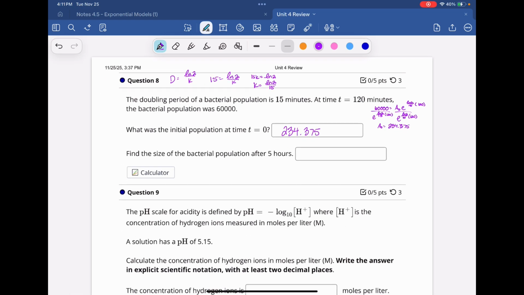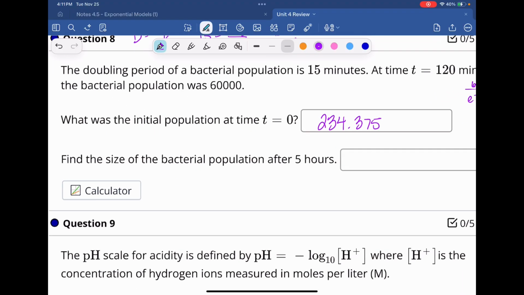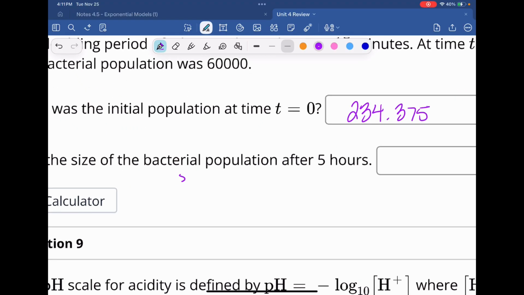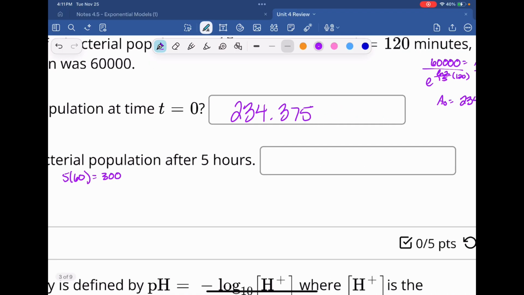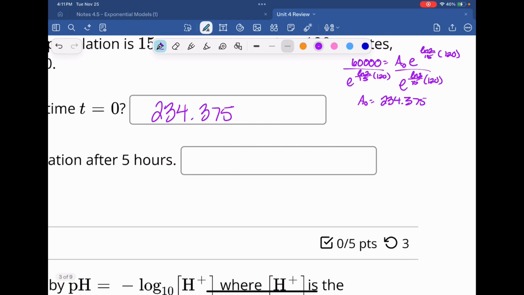And then what is the population after 5 hours? So time is in minutes, so 300 minutes. And now I know that the initial population is this. We can just plug in.